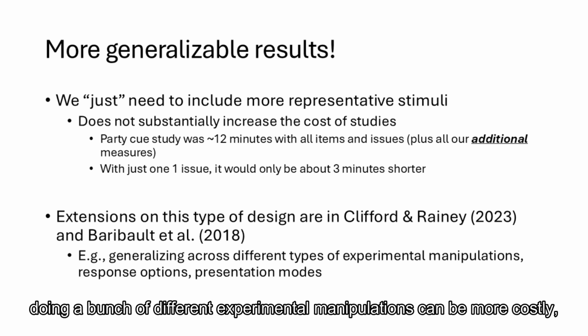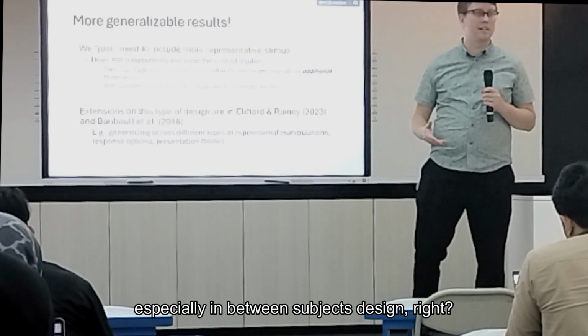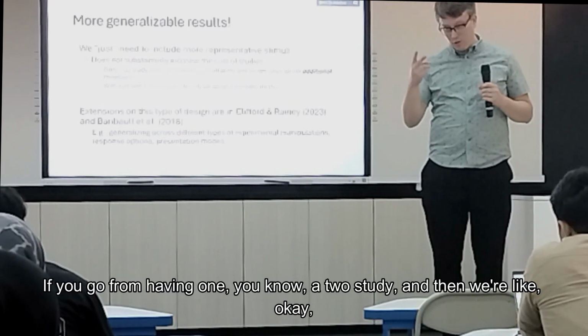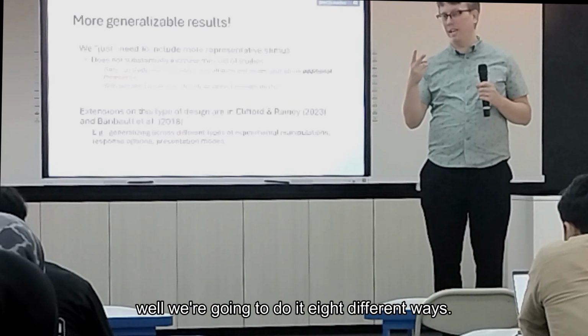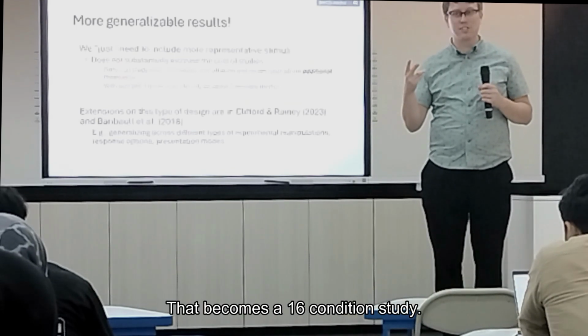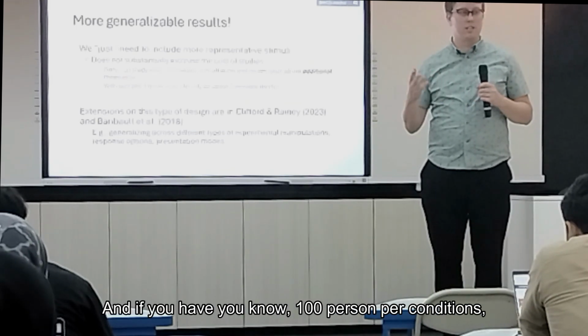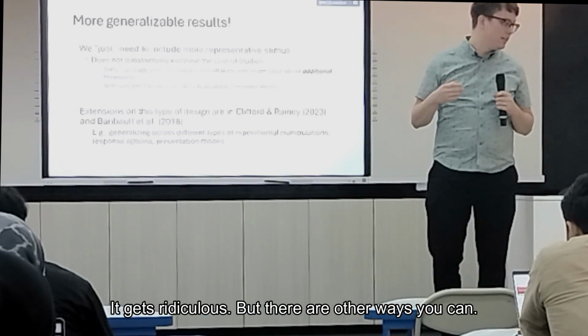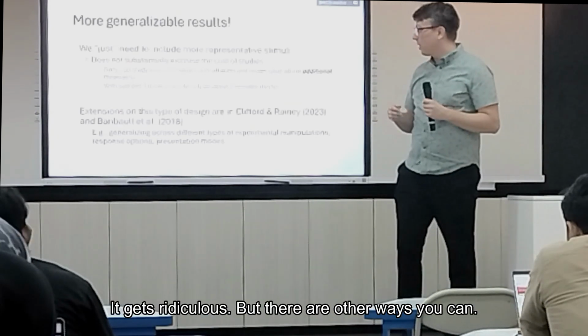Notably, doing a bunch of different experimental manipulations can be more costly, especially in a between-subjects design. If you go from a 2-condition study, and then we're going to do it 8 different ways, that becomes a 16-condition study. And if you have 100 people per condition, you can see it gets ridiculous. But there are other ways.